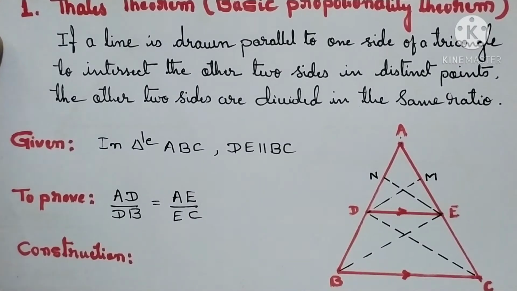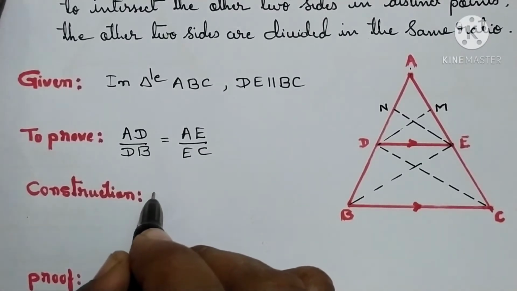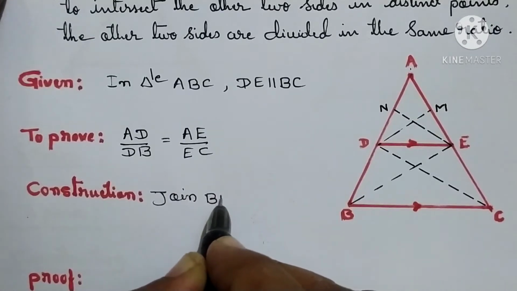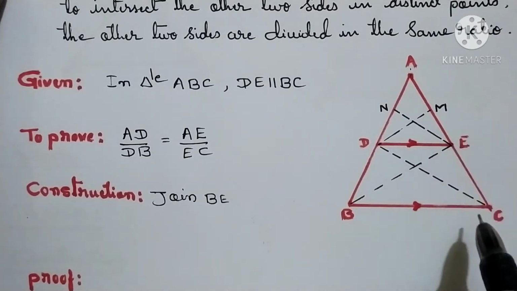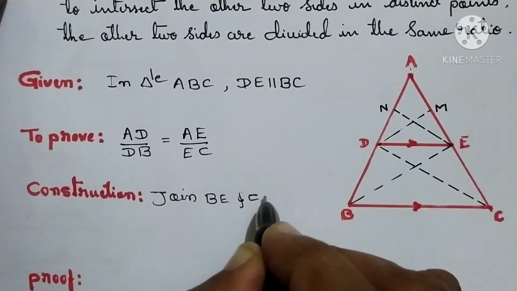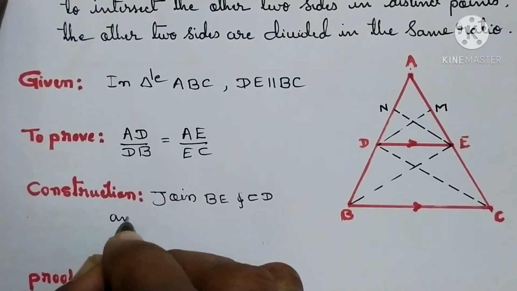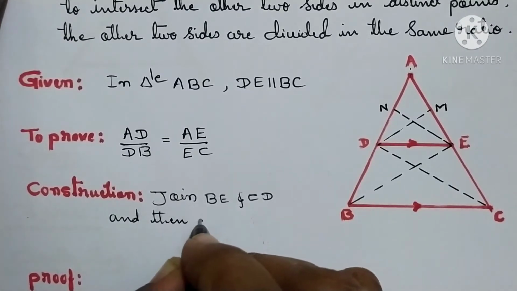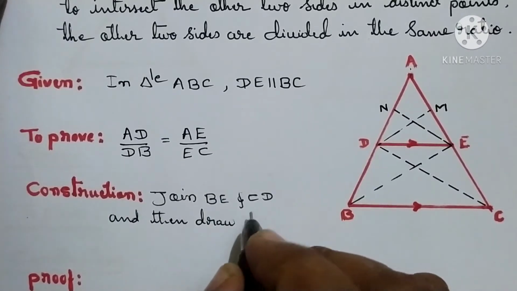Okay. Then next we have to take the construction. Join BE and CD. And then draw EN perpendicular to AB.